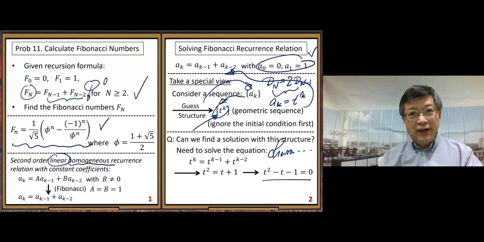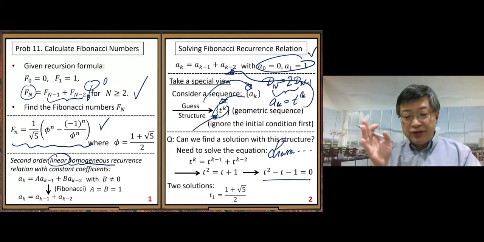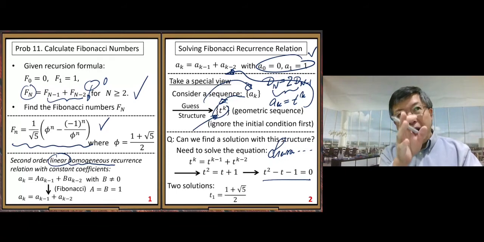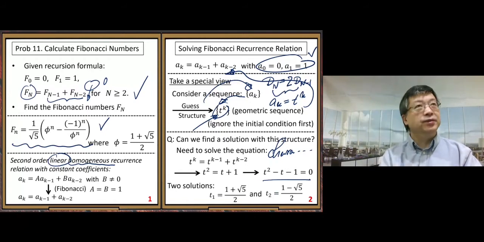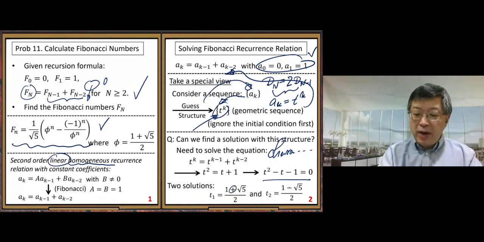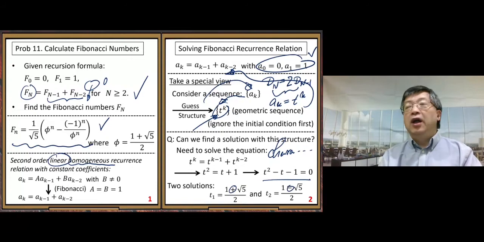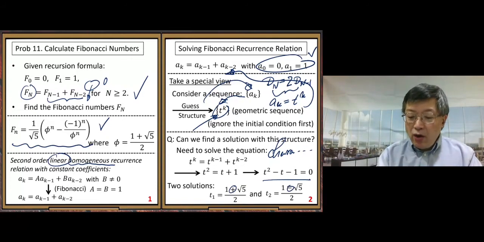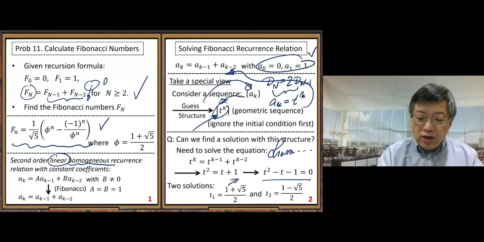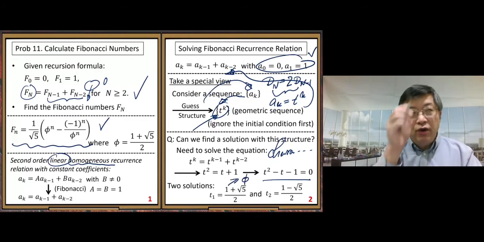That has two solutions. So this time we get two solutions by our quadratic equation formula, t1 and t2, plus version and minus version. This time, we cannot ignore the minus version. Remember, in the previous time, the plus version corresponds to the golden ratio phi.